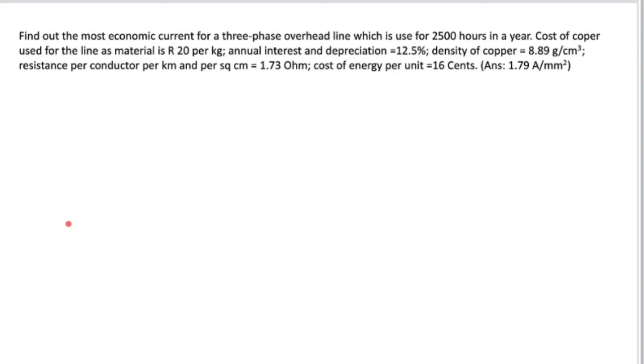Next one is to find out the most economic current density for a three-phase overhead line, which is in use for 2500 hours in a year.